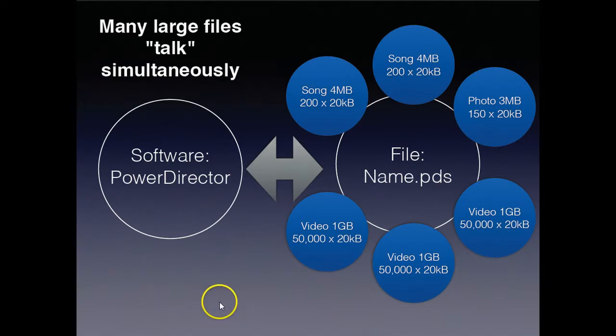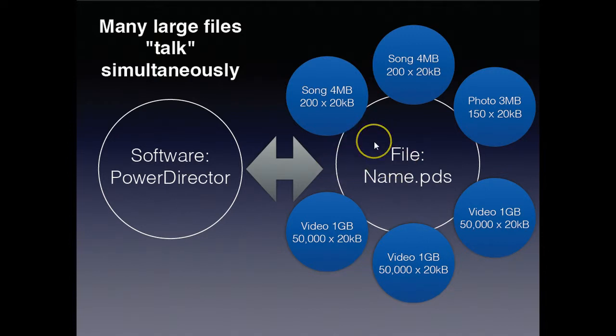So in this example, we have our piece of software, our PowerDirector, and the primary file we might be working with is the name of our project file, and that root, rather than the DOC for a Word document, is PDS, which in this case just stands for PowerDirector script. And that would be a normal relationship that we're used to in, say, Microsoft Word. But here there's all these secondary files.